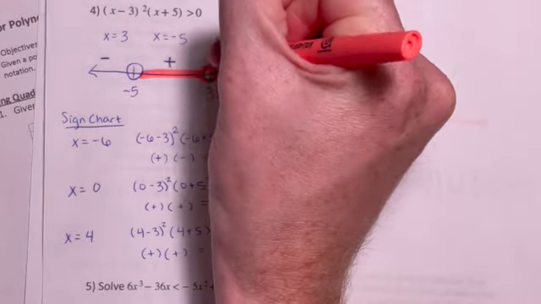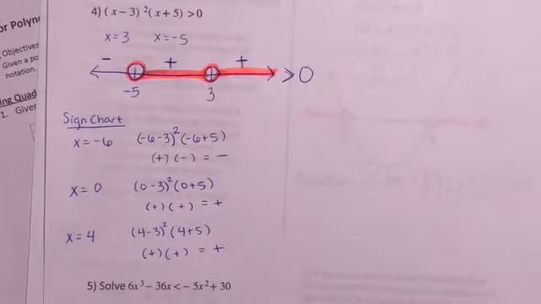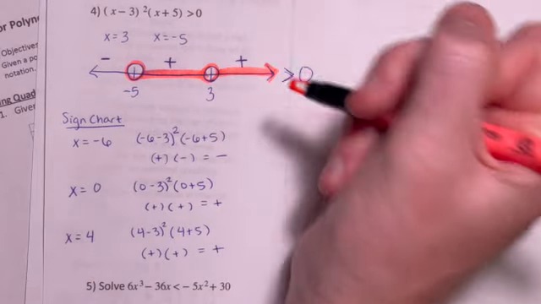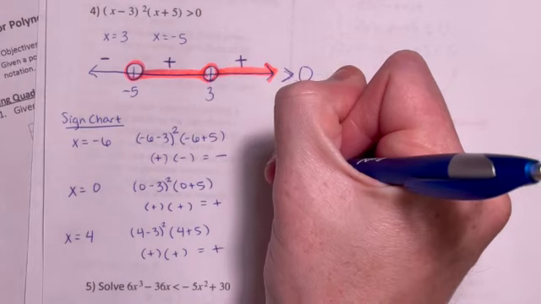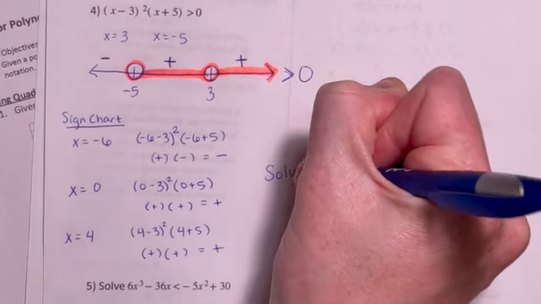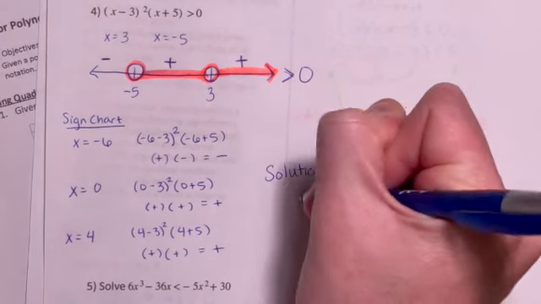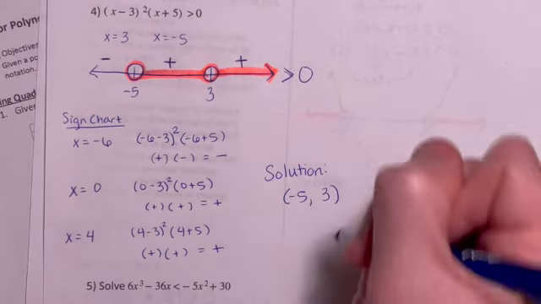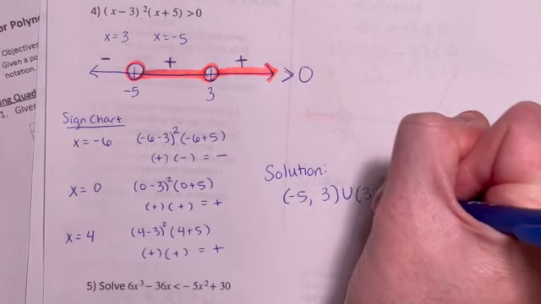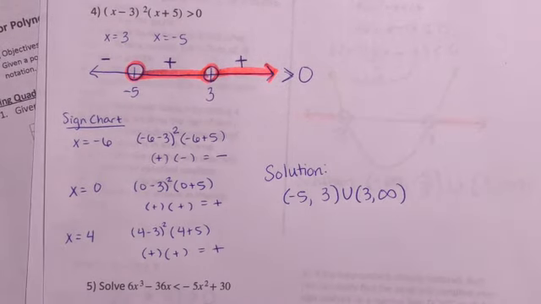So we are not including -5 or 3, but we do get this resulting interval. So our solution would be -5 to 3, both with parentheses, union 3 to infinity.